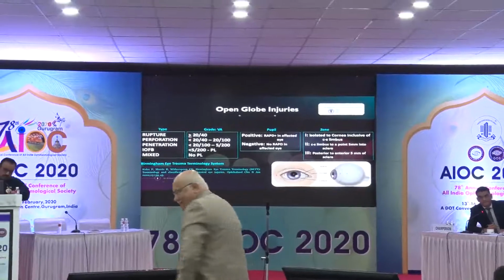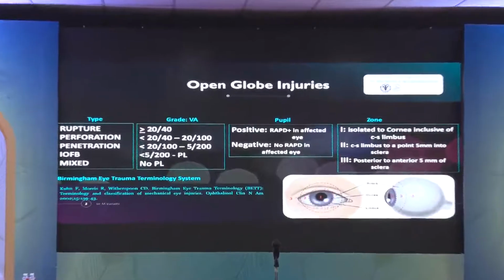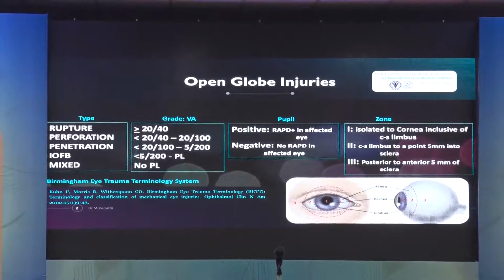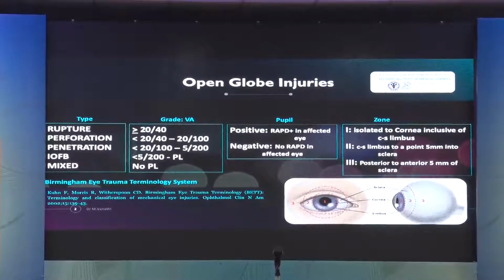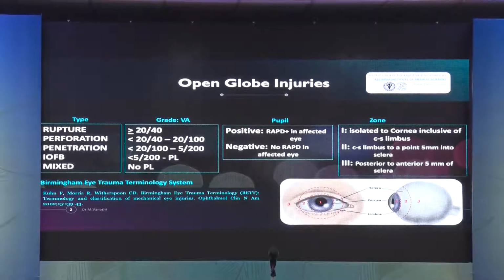It's usually done on these lines: assessing or coming to a conclusion what's the type of the injury, looking at the amount of visual acuity diminution that it has caused, the pupillary status, if you can assess the pupil in these injuries, and then classifying it into the zone of injury as zone 1 and 2. I think most of these are there in your textbooks.